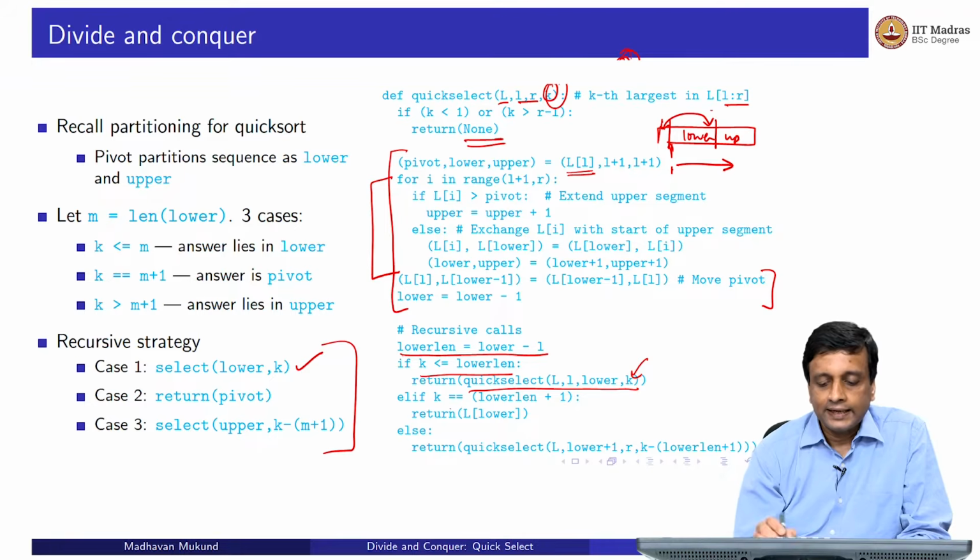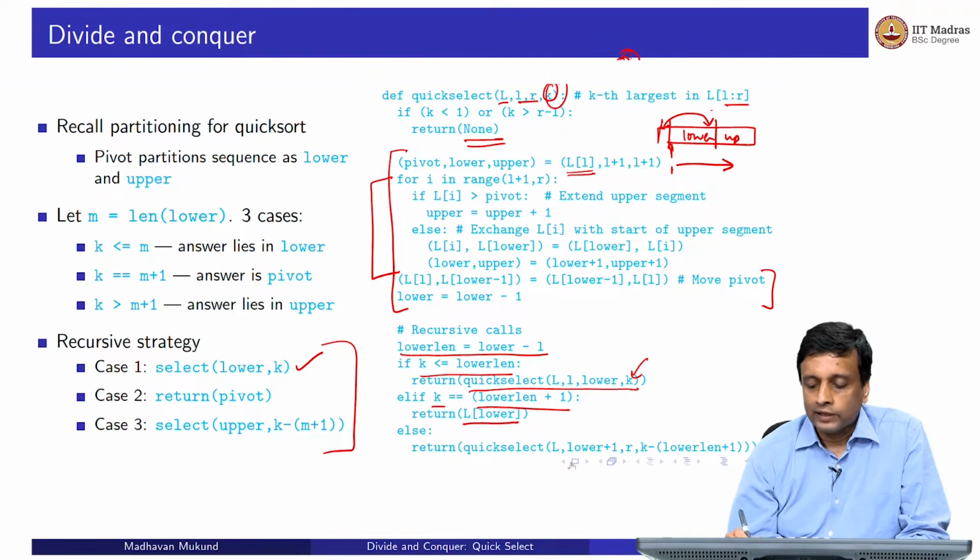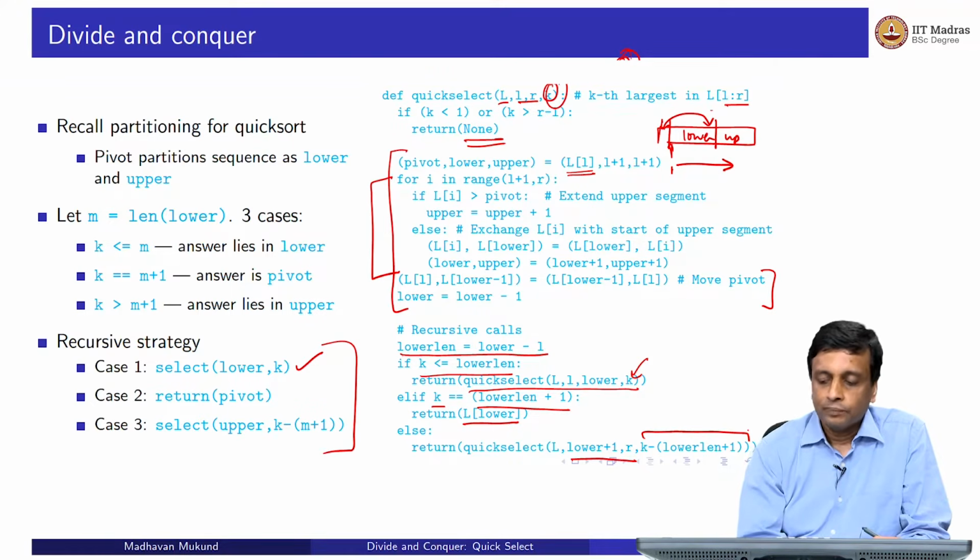Otherwise, in the second case, if the k I am looking for is exactly equal to the length of the lower half plus 1, then I will directly return the pivot, which is just the value at the position index lower. And finally, if it is not either of these two, then I will run quick select on the right half from lower plus 1 to R, but I have to change the index from k to k minus m plus 1, where m is now the lower length.